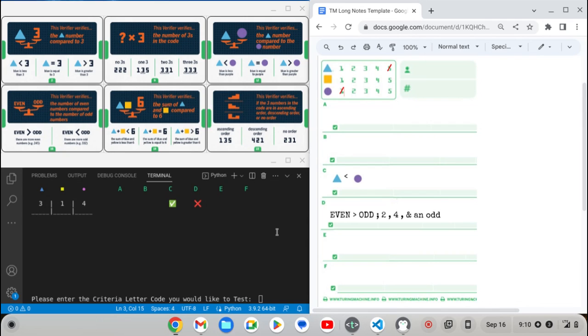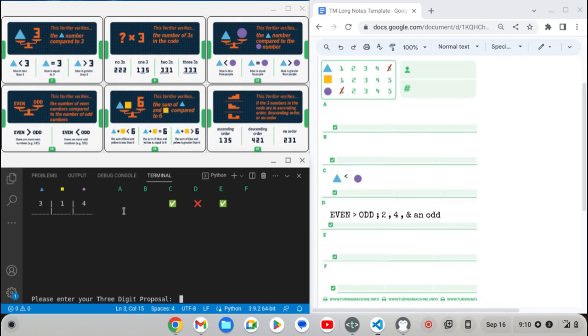Okay, let's see, what else? So I think I'm going to test criteria card E. Okay, so that is also true, that triangle, since I do have a 3 and a 1 for triangle and square, its sum is less than 6.